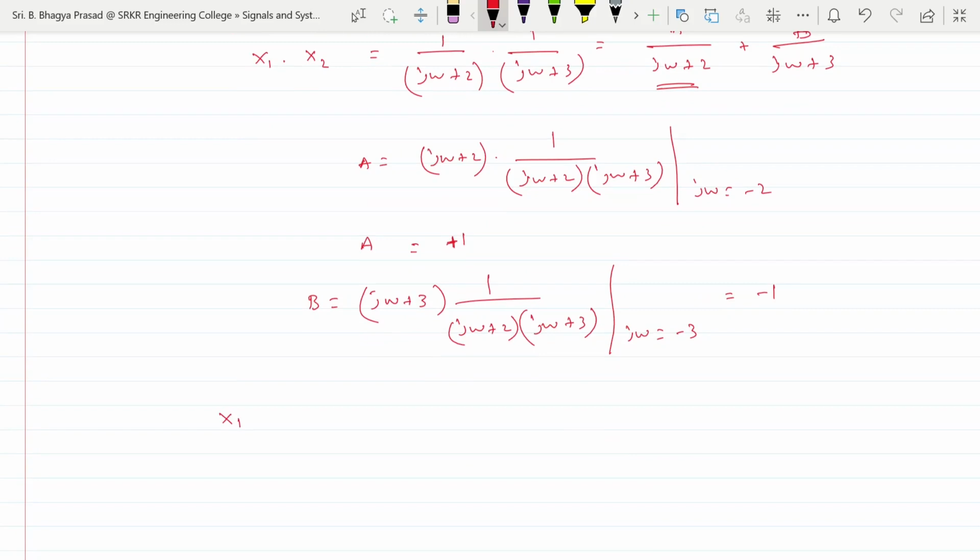So x1 x2 will be 1 by j omega plus 2 minus 1 by j omega plus 3.